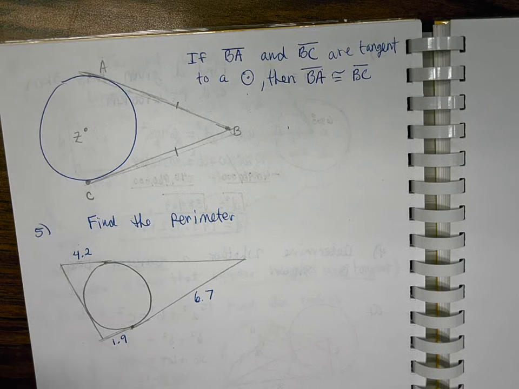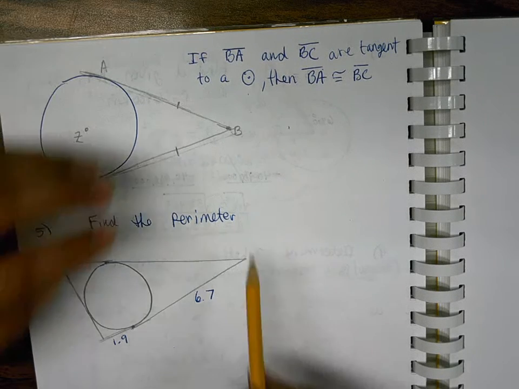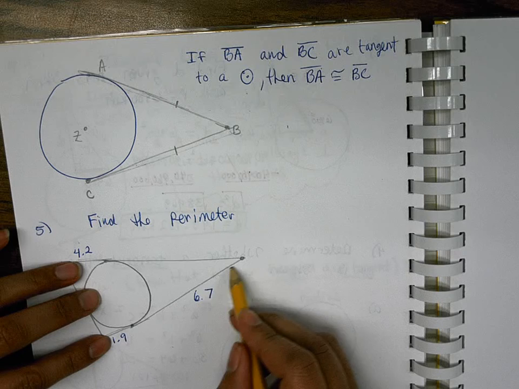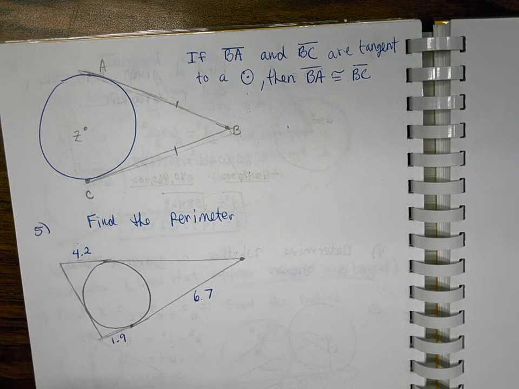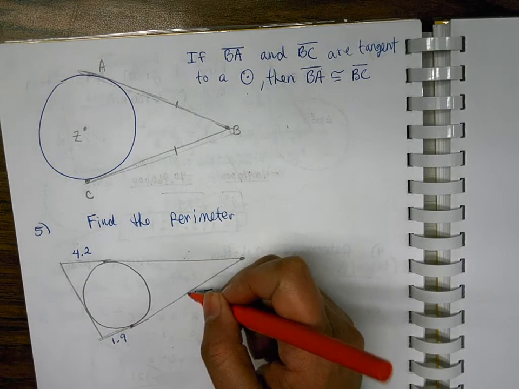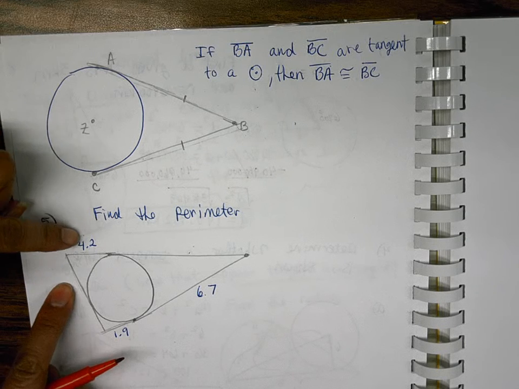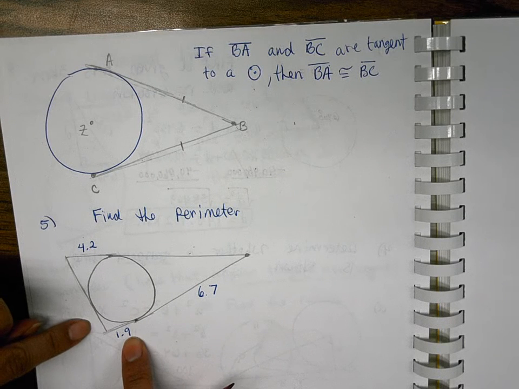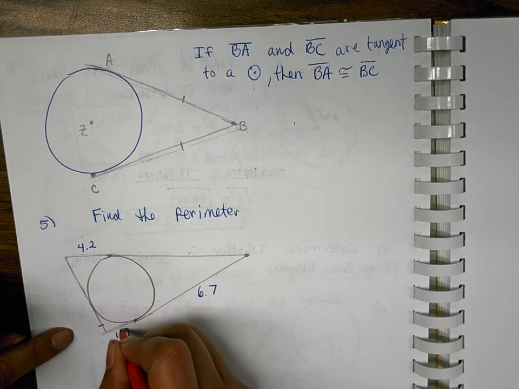Okay, so remember what we said about this whole tangent lines at a point. So here's a point and these two tangent lines, which means that these two segments are congruent. These two segments are congruent, and these two segments are congruent.